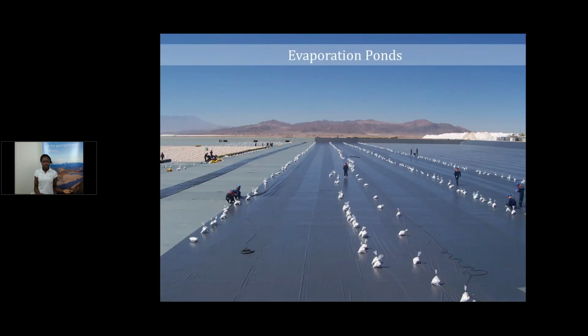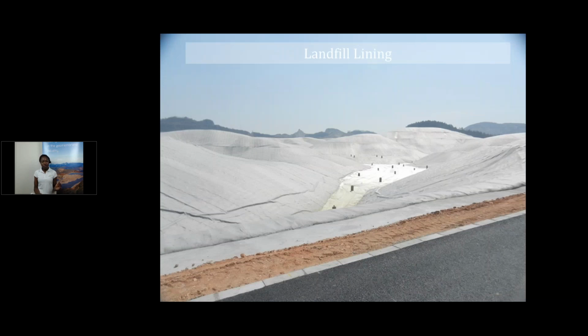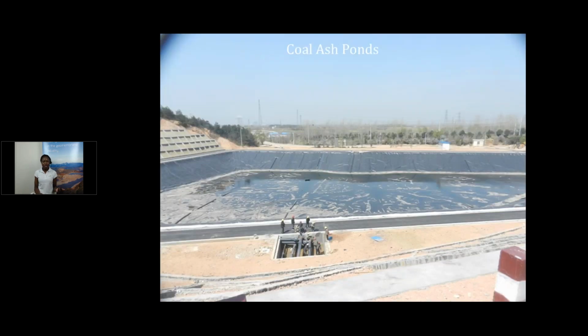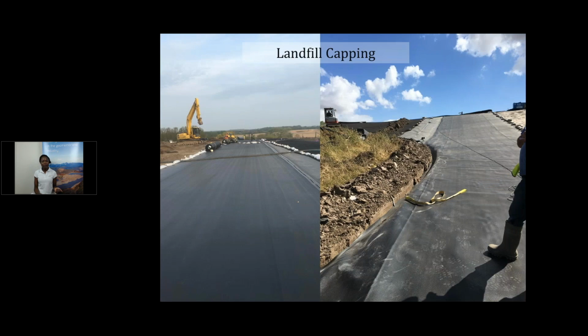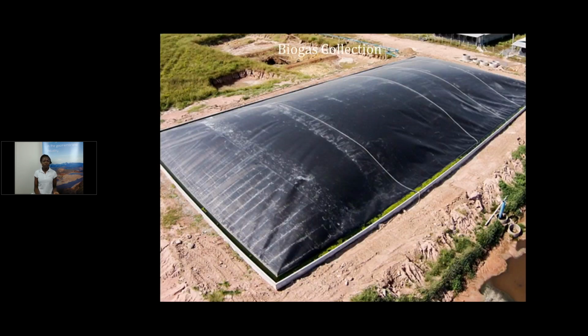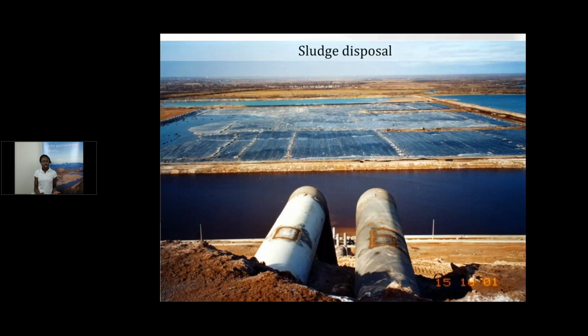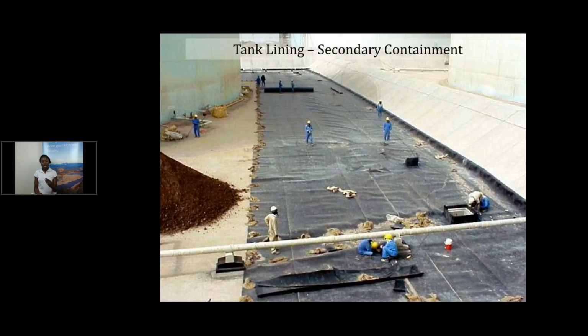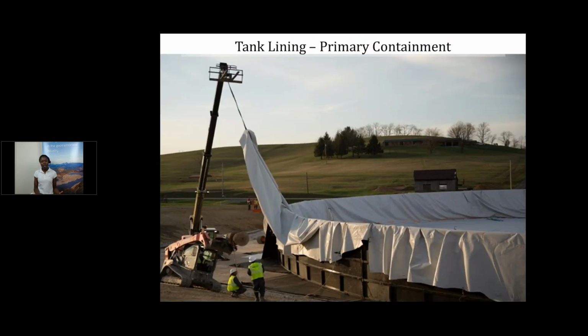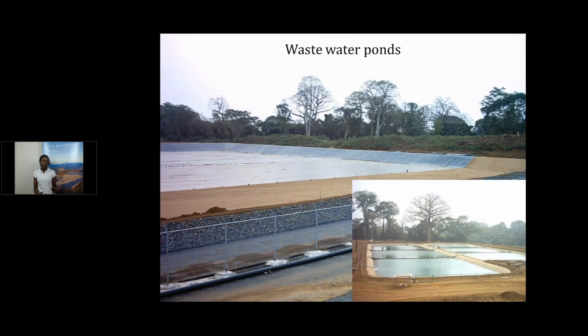And then we've got evaporation ponds, so saltwater evaporation or reverse osmosis, landfill lining too, coal ash ponds, landfill capping, biogas collection, sewage lagoons, sludge disposal, secondary containment, so at the bottom of your tank, lining for primary containment, and then we have wastewater ponds.